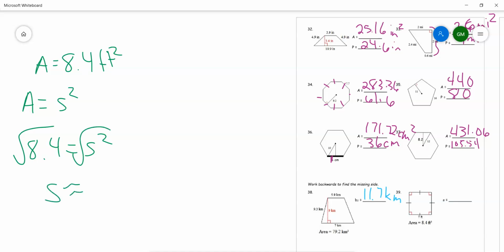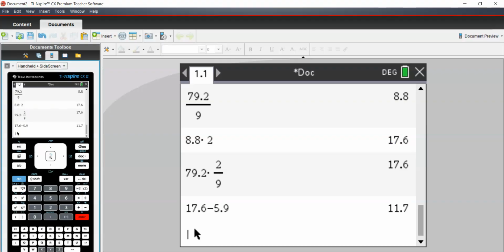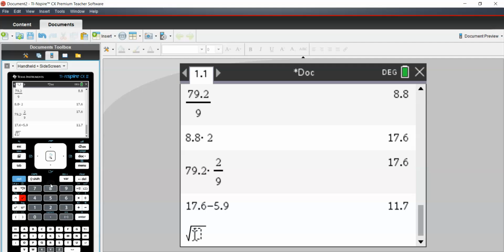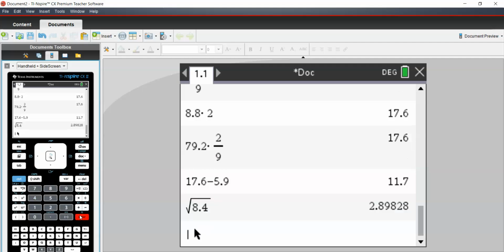And so side will approximately be, let's find out, what's the square root of 8.4? 2.89828. So we're going to round that to 2.90. Now, I know that sounds like I'm actually rounding to 1 decimal place, because it sounds like 2.9.